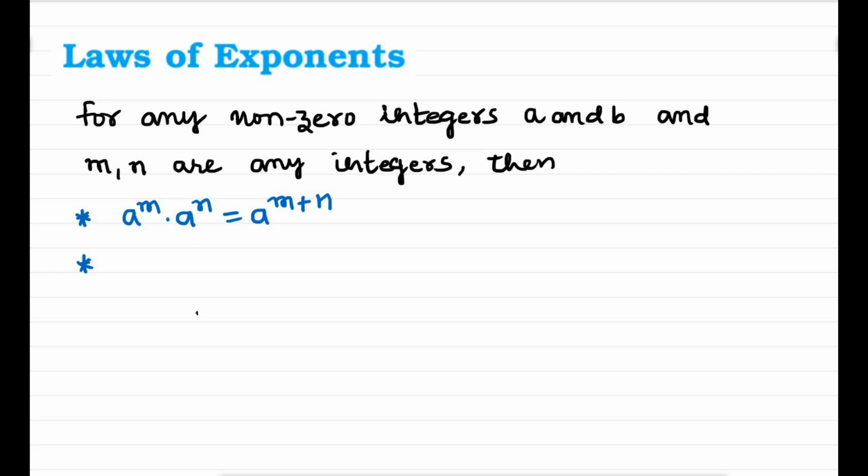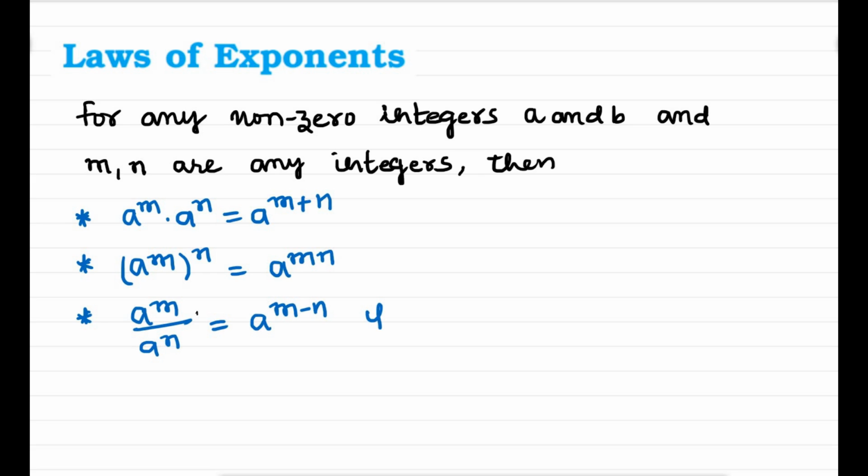And the second rule, power rule, a to the power of m whole power n is equals to a to the power of m into n. And the next rule, quotient rule, a to the power of m by a to the power of n is equals to a to the power of m minus n.